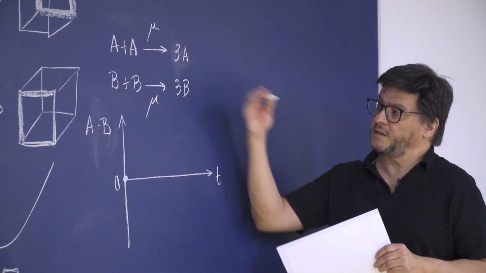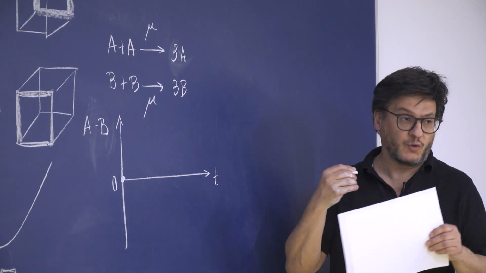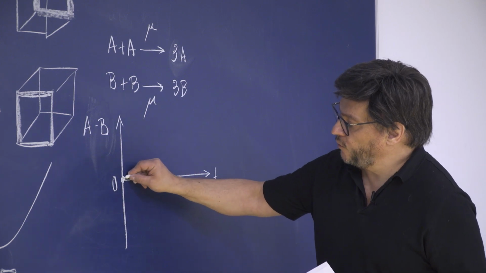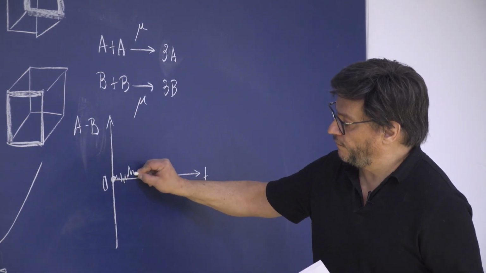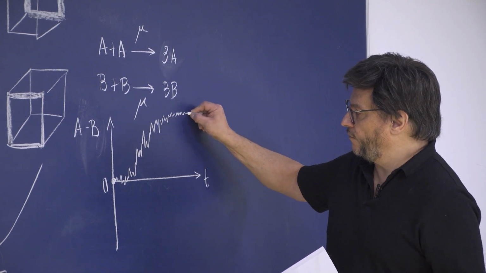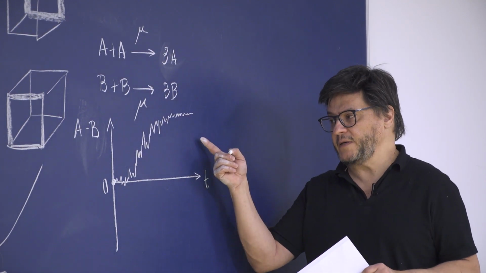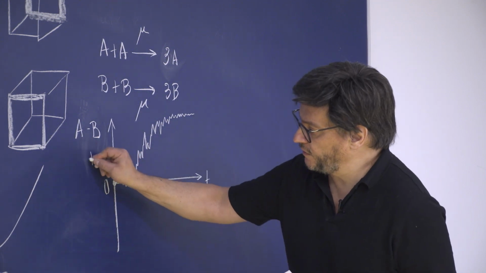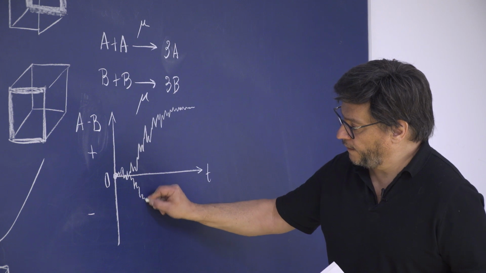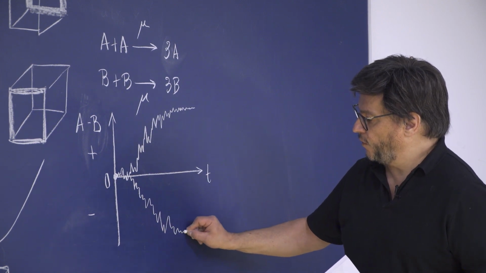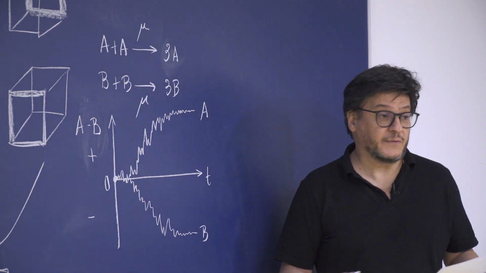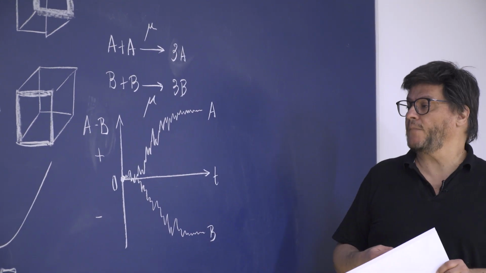And if you implement that with random rules and everyone can find another one with some stochasticity, you'll see that the system performs this way. It either goes into a state where A dominates, that will be the positive part, or a state where it's the other way around, where B dominates. That will be, again, the symmetry breaking process, okay?